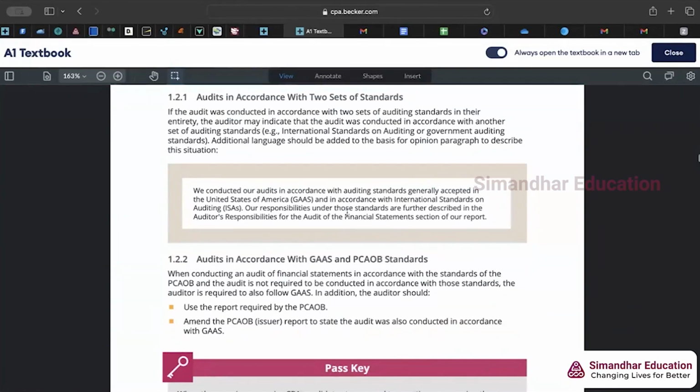Now, pause. When will it overlap? When you're a private company and you're going for an IPO. That is when this situation will come into play. You're a private company, you're planning to go for an IPO, and you're required to follow PCAOB AS also. That is when this kind of situation comes into play.